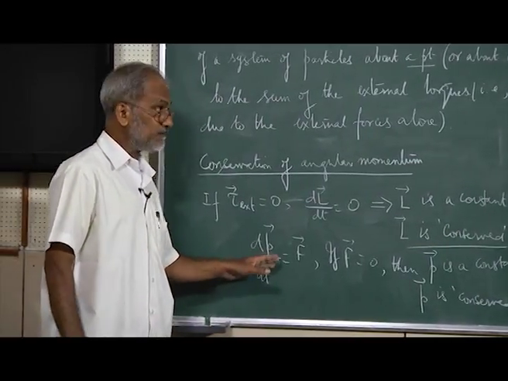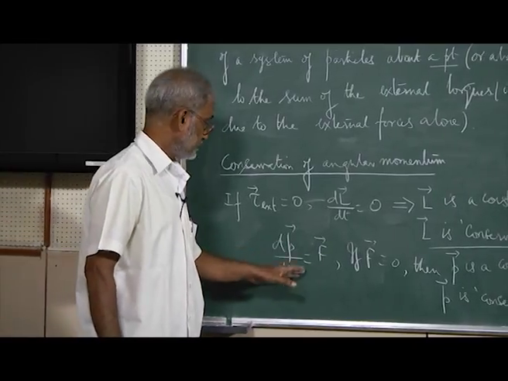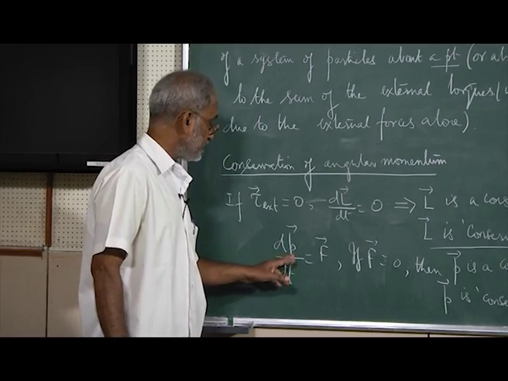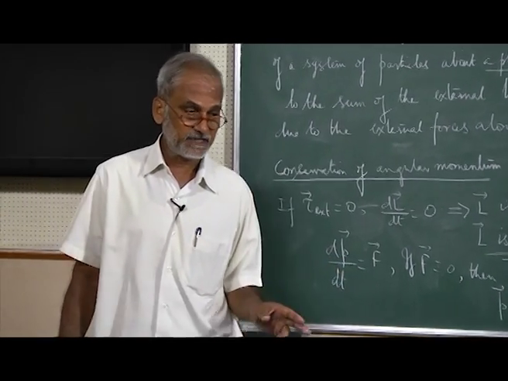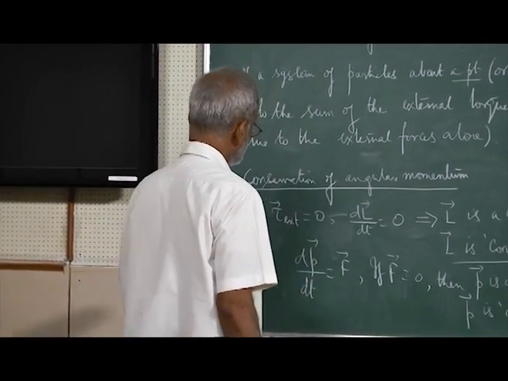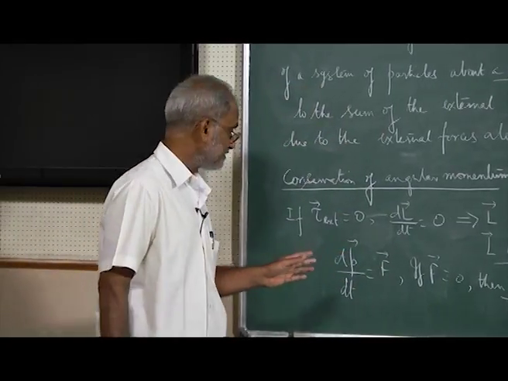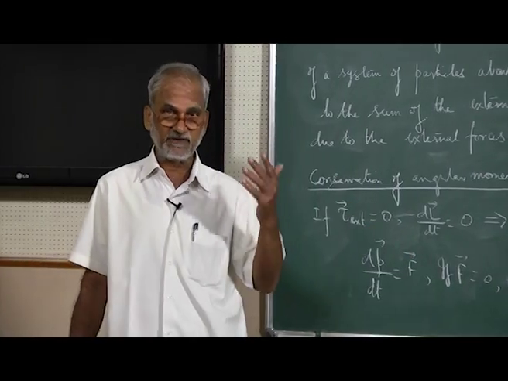It is true even in the case of a system of particles, because even though I have written small p to denote the momentum of a single particle, this relationship is true for a system of particles. The reason is that momentum is a vector quantity you can add.